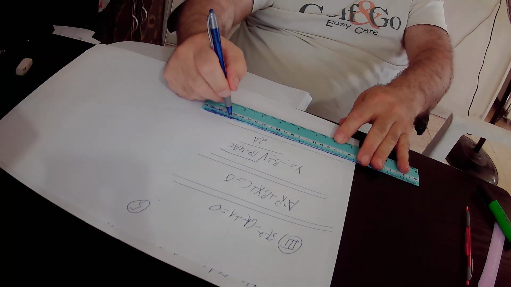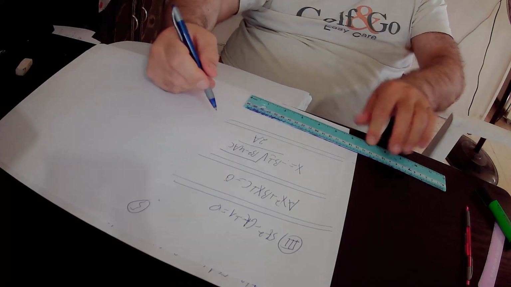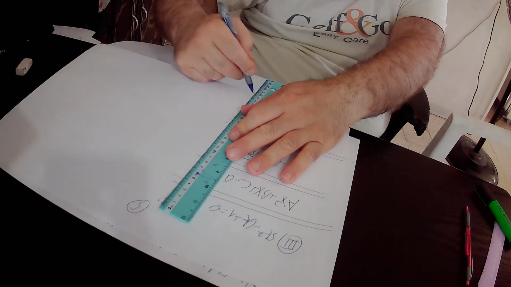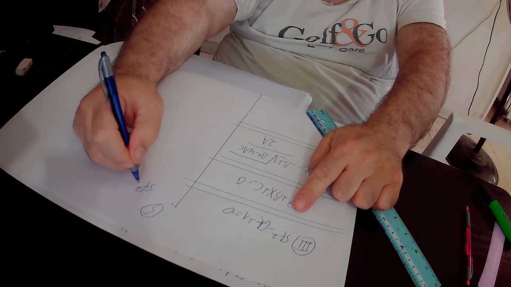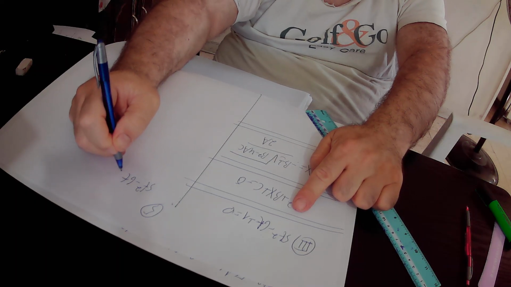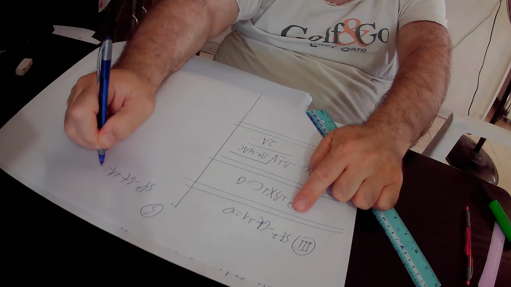Now for our specific quadratic equation, that is to say 5t squared minus 6t plus 1 equals 0.